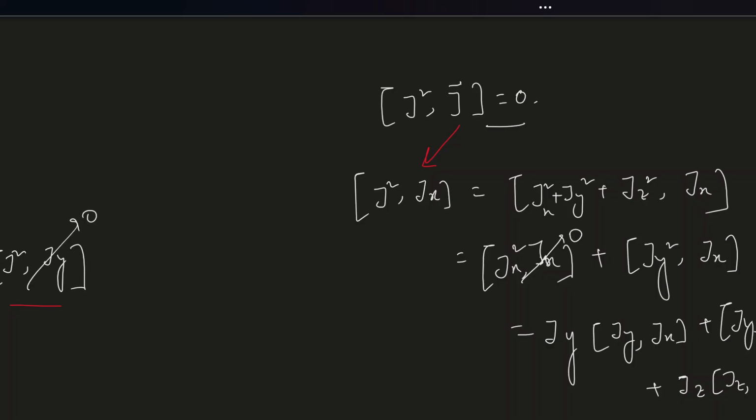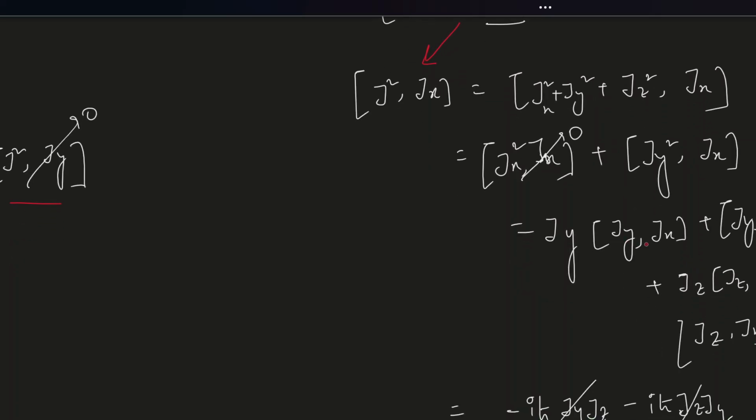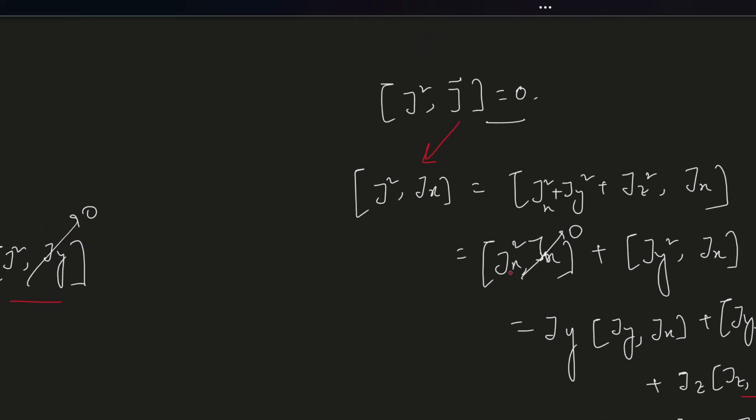And then similarly for Jz, Jy Jx equal to minus I h cut Jz, and Jy Jx is again minus I h cut Jz and then Jy. So there is a sequential difference: at first Jy then Jz, and in the second term Jz is first and then Jy. Similarly for Jz Jx, you can write this as I h cut Jz Jy, and similarly for this one. So this whole thing becomes 0.